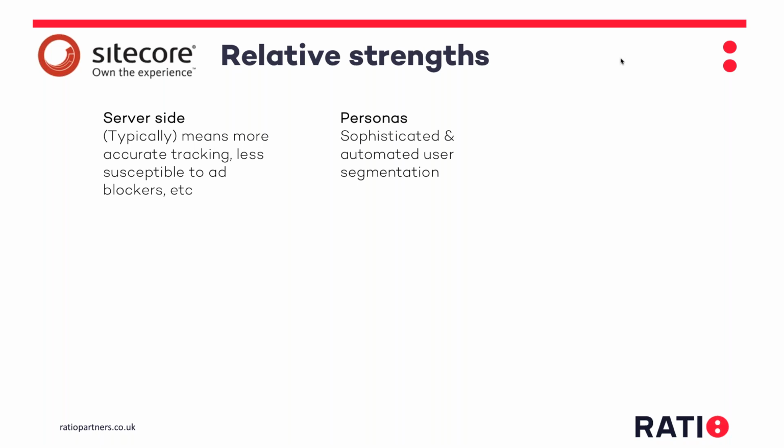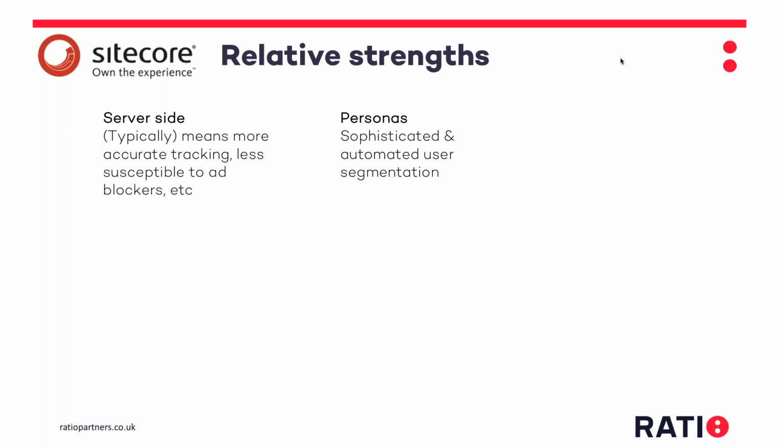Within Sitecore, you can allocate users into personas. This is a very sophisticated feature that is hard to impossible to replicate within Google Analytics. The best that you'd be able to do in Google Analytics would be to specify that if someone saw a certain page, then maybe they fit within a persona.